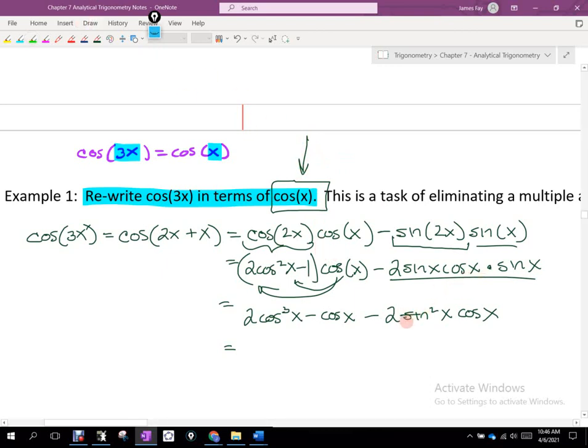Can we now do that because of this sine squared x? What is sine squared x the same thing as? One minus cosine squared x. That's the Pythagorean identity, right?